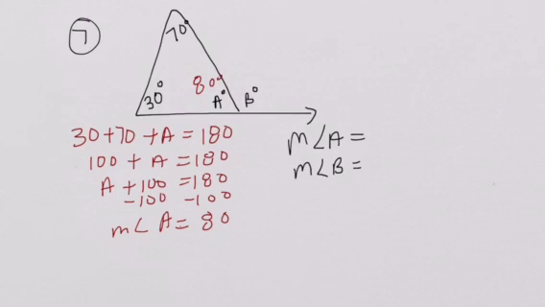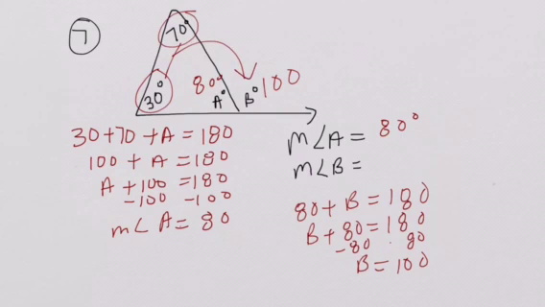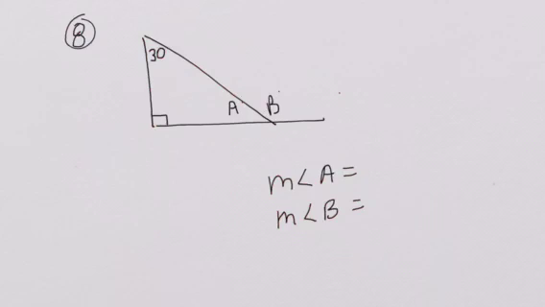So if I know that this angle is 80, we know that A and B are linear. So that means 80 plus B is going to equal 180. B plus 80 is equal to 180. Subtract the 80. We have B is equal to 100. Notice that if I add 30 and 70 together, that will always give me my external angle.